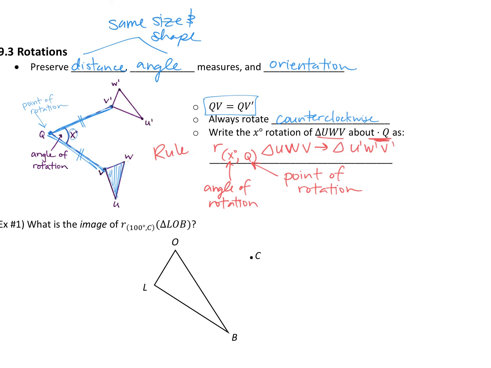You ready? Okay, this time I'm going to use a different color so you can see the difference. So now I'm going to do point L. I'm going to rotate L. So first thing you do is you draw a line that connects L to C. Do you remember the next thing you do?